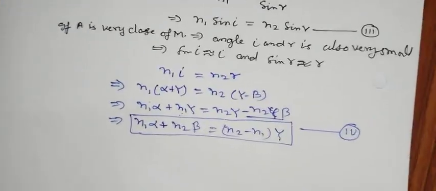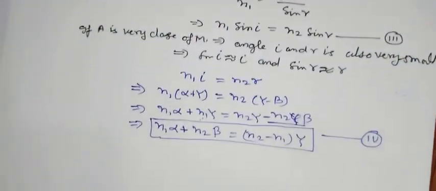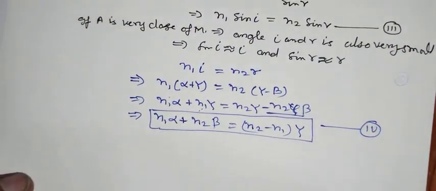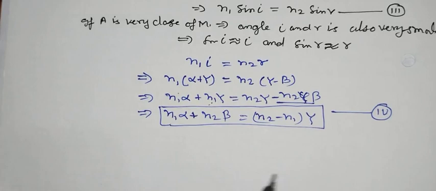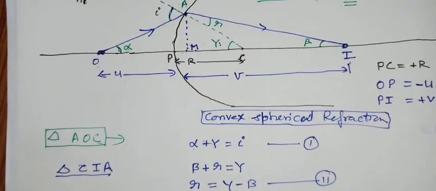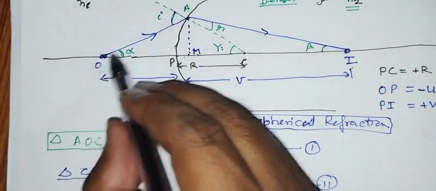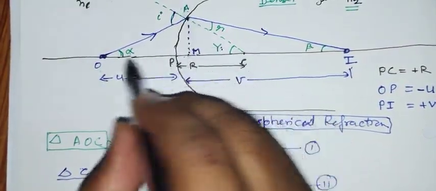Once you see all these equations, we move further. Now we are going to take the values of alpha, beta and gamma from the diagram. First of all, we take triangle AMO.